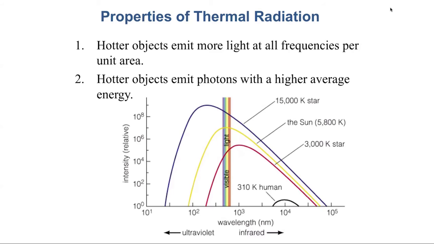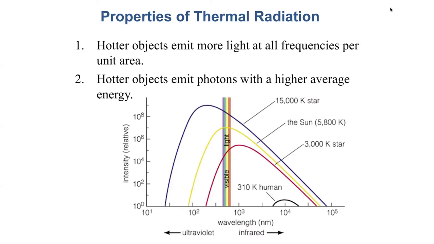So here is a 3,000 degree star, and here is a much hotter star. The hotter star is brighter than the cooler star at all wavelengths. Okay, that's one thing. The other thing that happens is the peak wavelength, the wavelength at which most of the light comes out, the mode of this distribution if you know your statistics, moves as you increase an object's temperature.